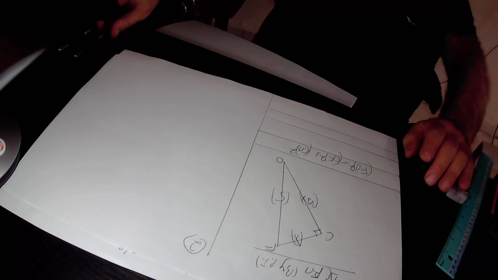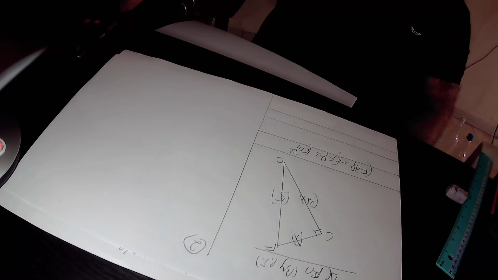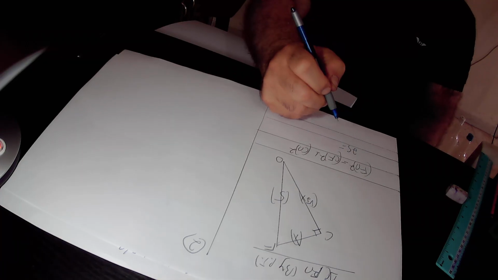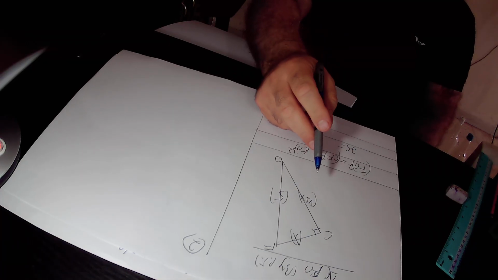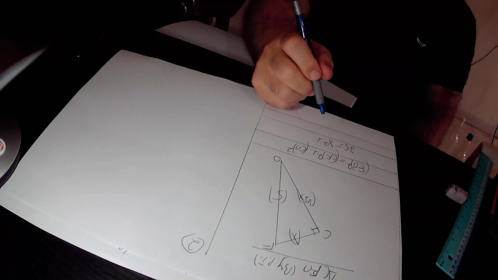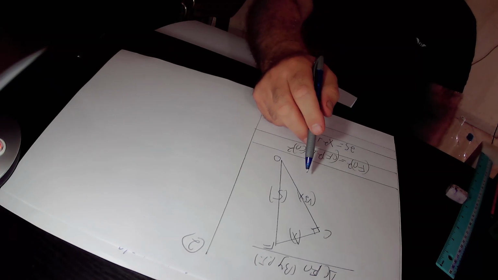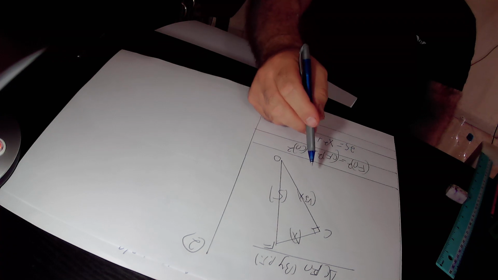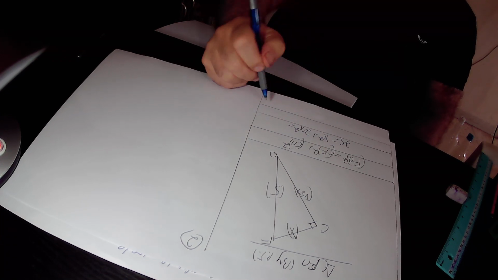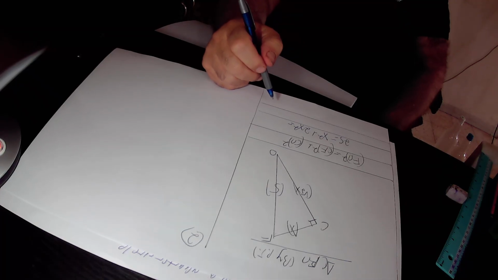The hypotenuse FO is 5, therefore FO squared is 5 squared, that is 25. And it equals CF squared. CF is x, therefore CF squared is x squared, plus CO squared. CO is the square root of 2 times x, therefore CO squared is the square root of 2 times x, squared, that is actually 2x squared. So in total we found out that 25 equals x squared plus 2x squared.